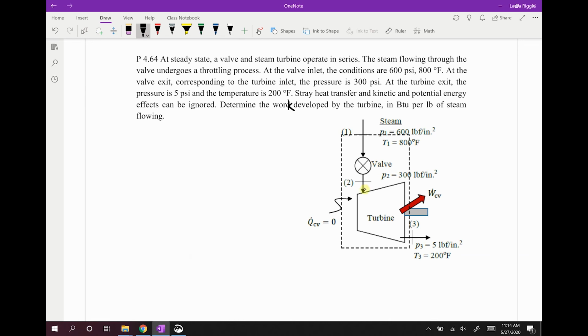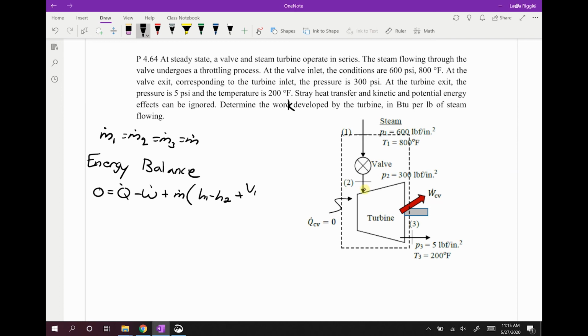So we have a one inlet, one outlet system, so we just have our mass flow rate is equal to constant. If we do our energy balance, we have 0 is equal to Q minus W. There's no kinetic, there's no potential, there's no heat.